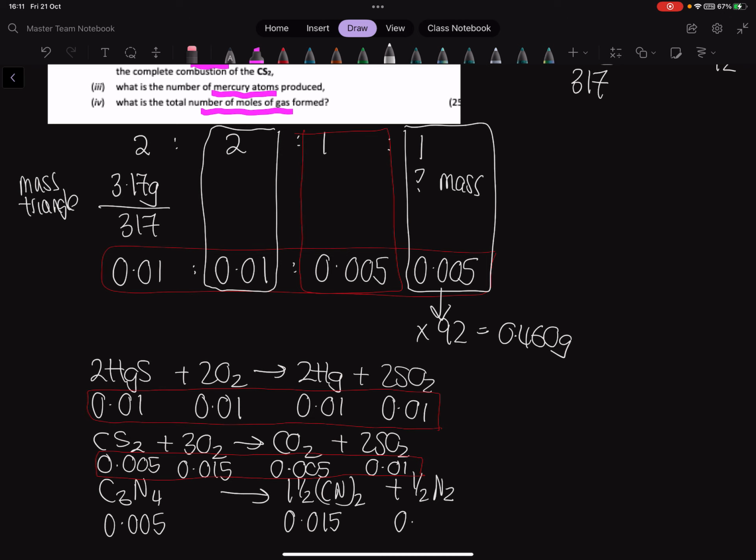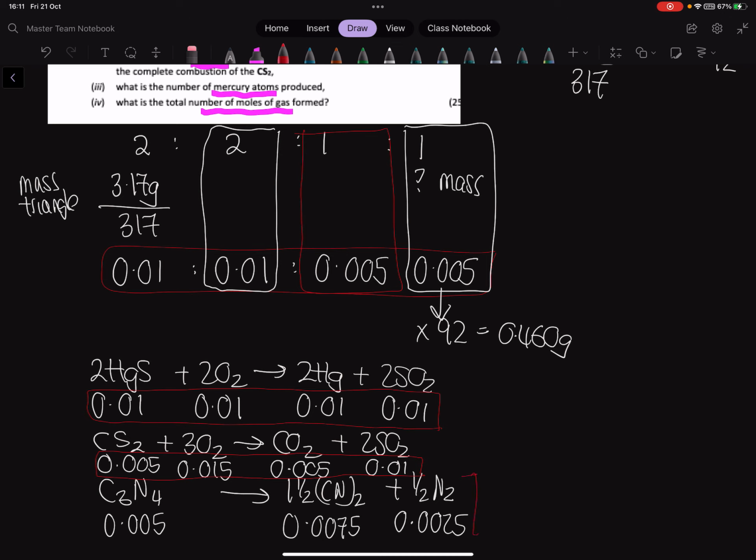Nope, this can't be right. So 1.5 is going to be, apologies, bad maths in my head, 0.0075, and this is going to be 0.0025 because it's going to be half of 1 equivalent.